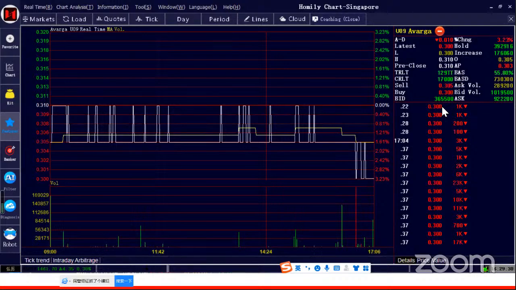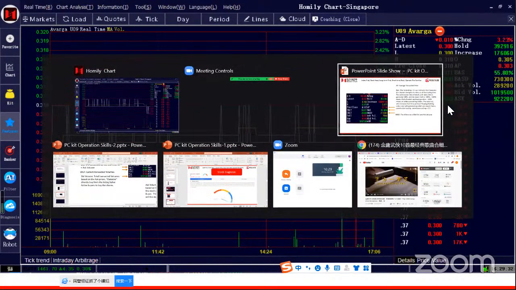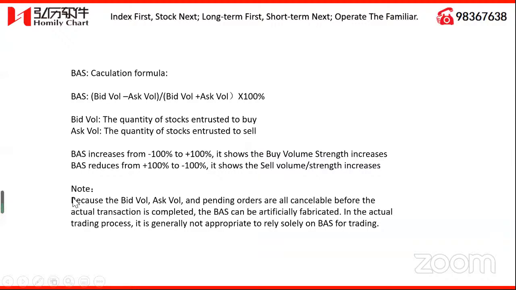But pay attention to the note here: the bid volume, ask volume, and pending orders are all cancelable before the actual transaction is completed. So the bias can be artificially fabricated.